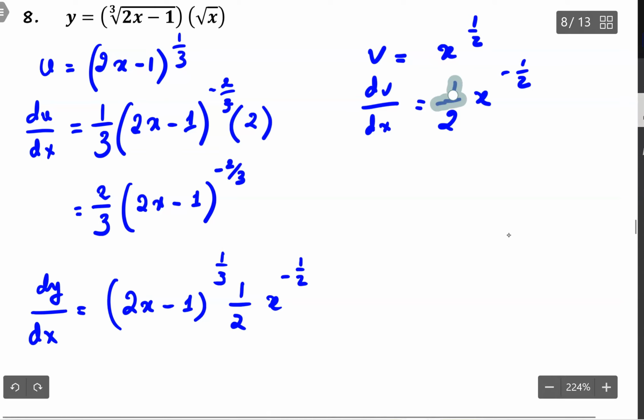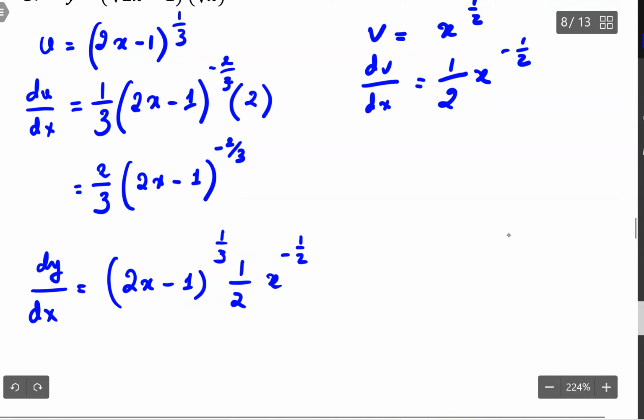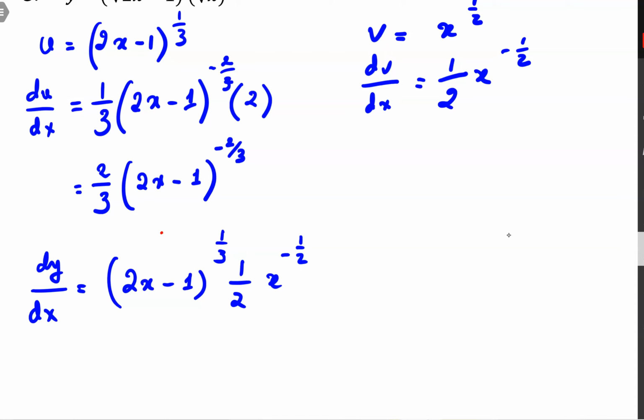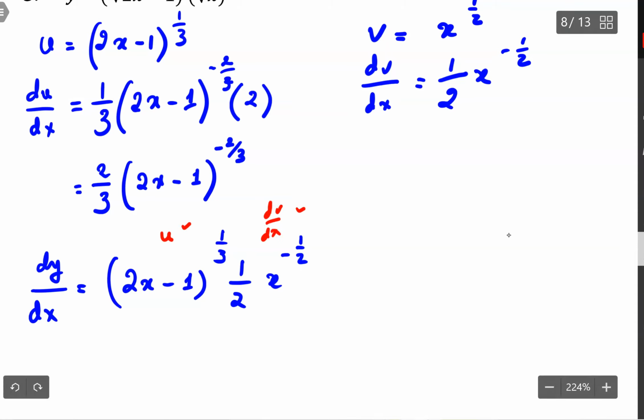Let me make sure that I write it properly so we are not mistaken with negative 1/2. This is u, this is dv over dx, so we are good.